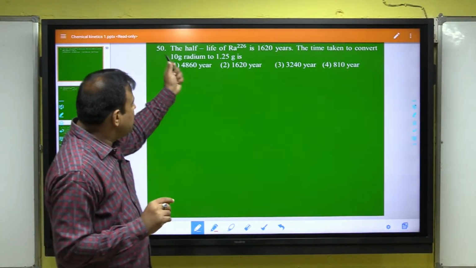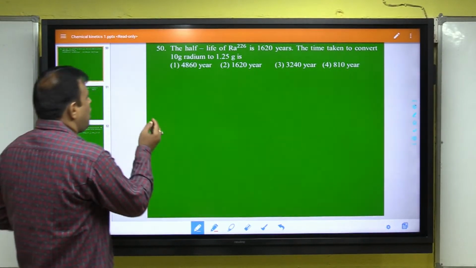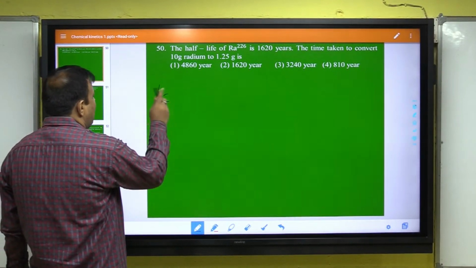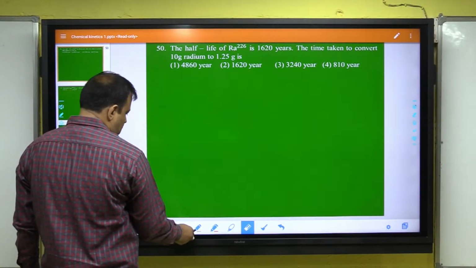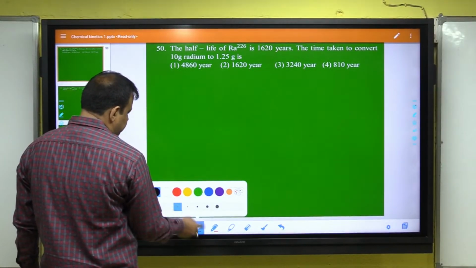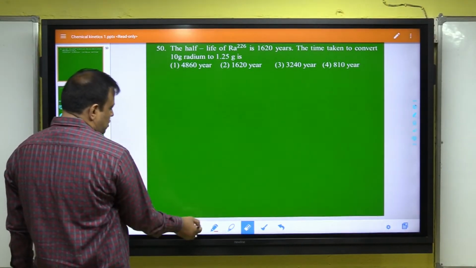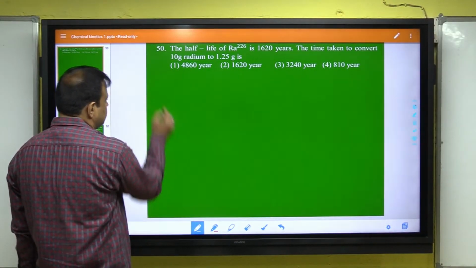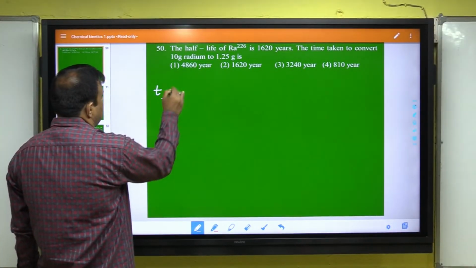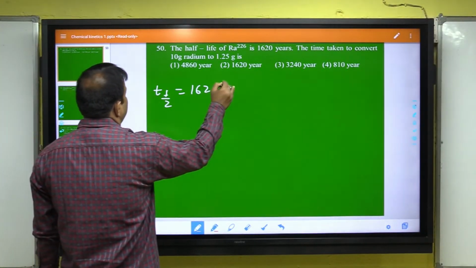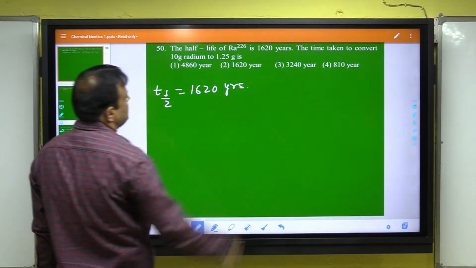The half-life of radium, T half, is equal to 1620 years.